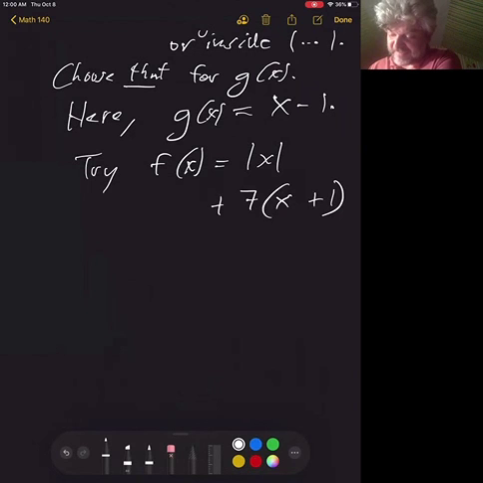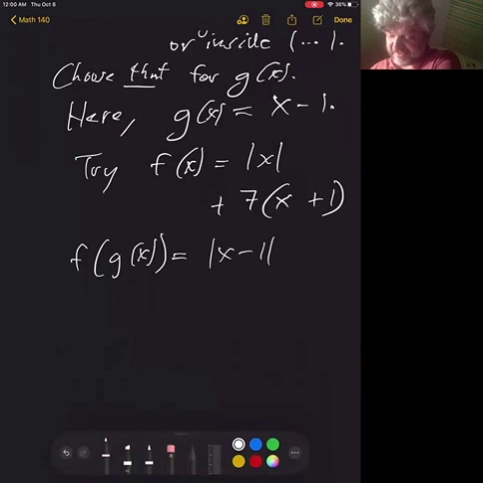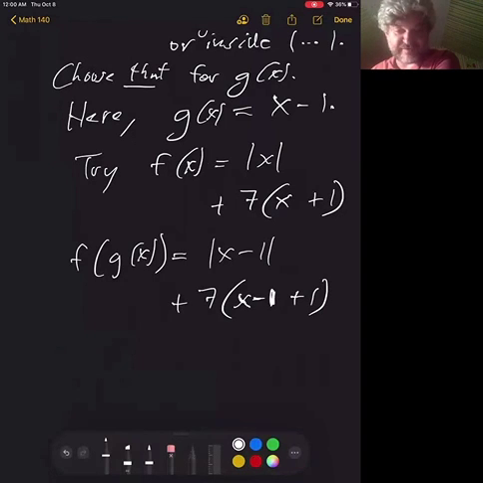So let's try it out. f of g of x is, you replace every x by x minus 1. So you get that. Good. Very close. Plus 7 times x minus 1 plus 1. And that explains why I did that whole thing. I really get absolute value of x minus 1 plus 7x as required.